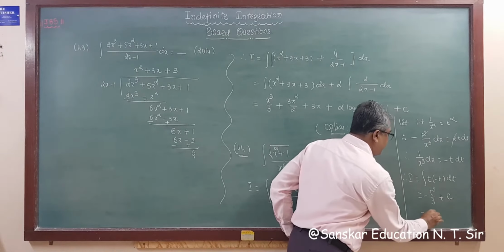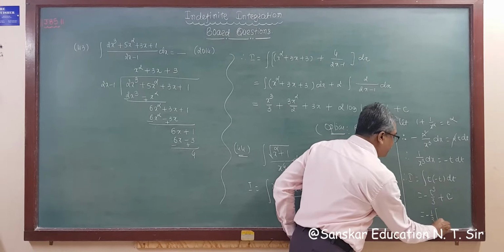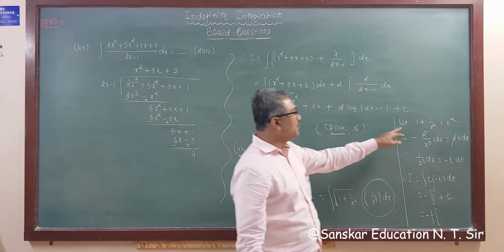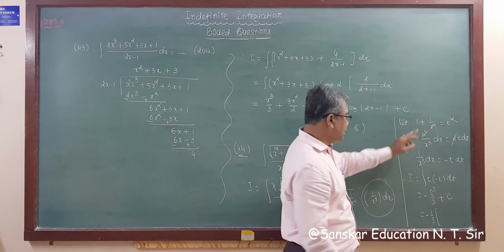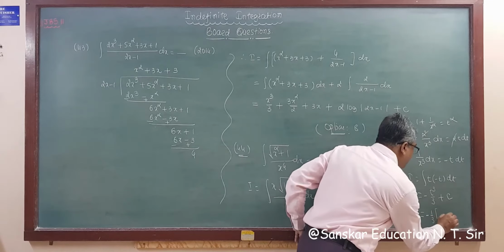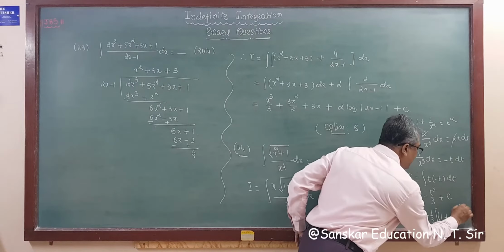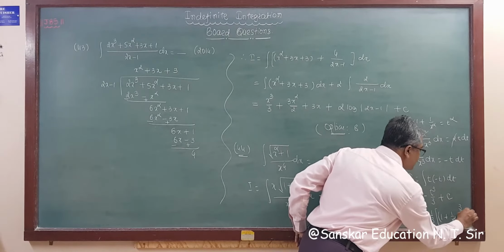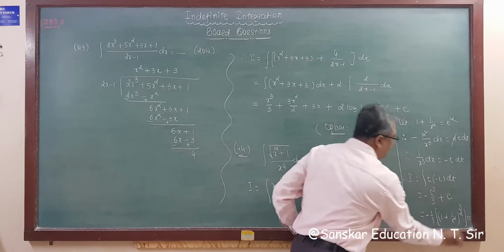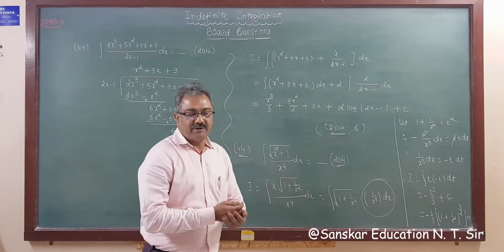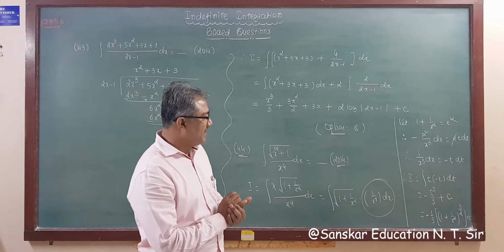So the answer will be minus 1 upon 3 t cube, plus c. And what is t? t is root of 1 plus 1 upon x square. So t cube is (1 plus 1 upon x square) to the power 3 by 2, plus c. So the proper answer will be minus 1 upon 3 times that.